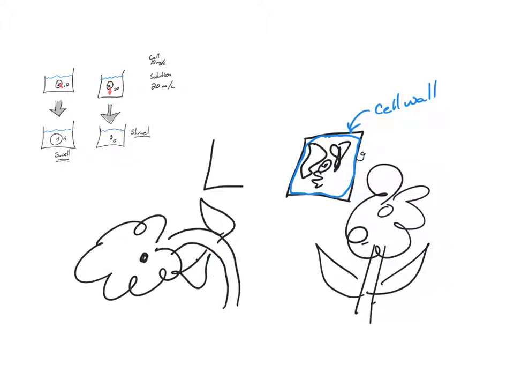Because there's a cell wall, it holds it together and it doesn't collapse altogether. It shrivels up, but it doesn't shrivel up completely because it's still attached to the cell wall. And so, of course, plant cells prefer it this way.